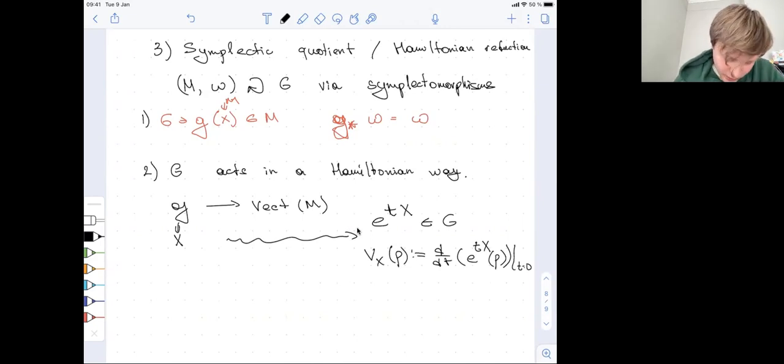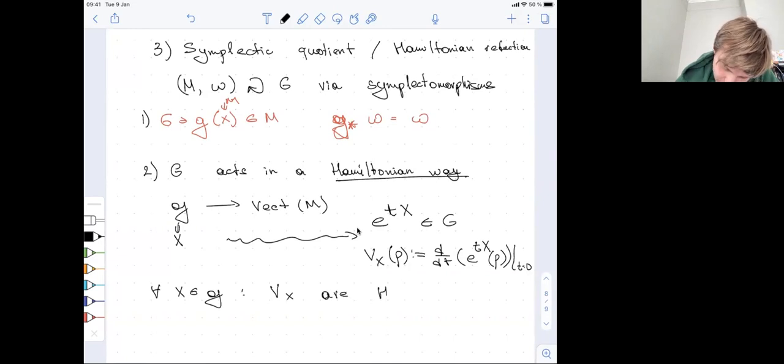And then, in general, why we love symplectic manifolds: because when we have a symplectic form, first of all, we can transfer all vector fields to one-forms, and we can define Hamiltonian flows. So Hamiltonian group action means that for any element in the Lie algebra of your group, the corresponding vector fields V_X are Hamiltonian.